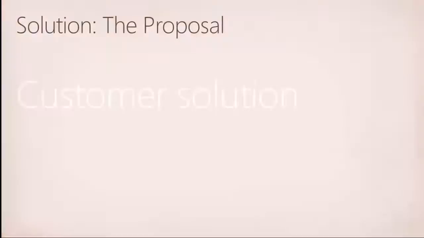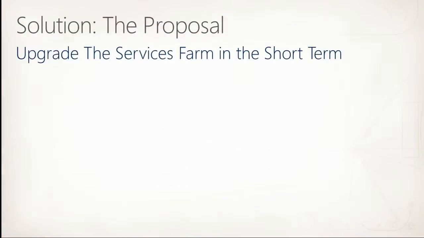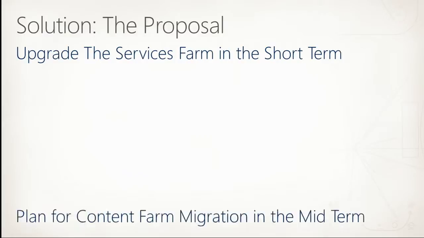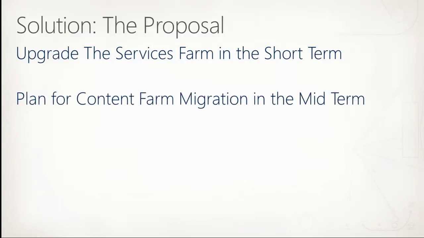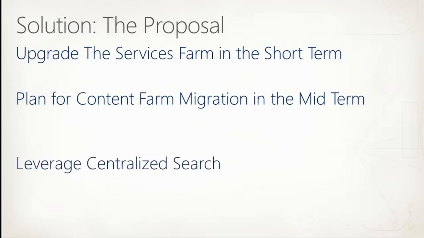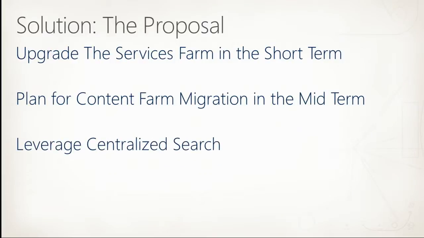Here's the idea. We're going to upgrade their services farm in the short term, and when we do that, we're going to start talking about what we're going to do in the long term. Look at their content farms, their structure, and the data behind the solution and what we need to provide to them. While we do that, we're going to implement a SharePoint search centrally that can reach out to all the different environments and provide one location for everything.